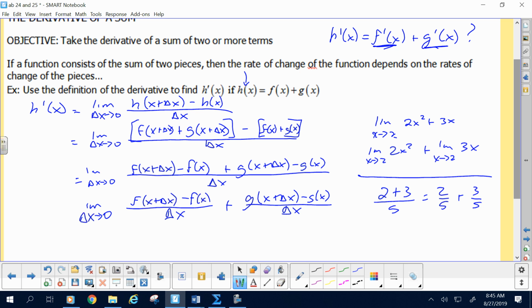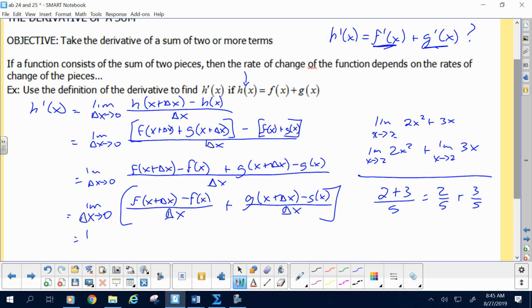All right, and the last goes to that idea I first talked about. We said that the limit of a sum can be split into the sum of the separate limits. So what's my last step I need to do? Split this up. Instead of one big old limit, I want to split it into two.